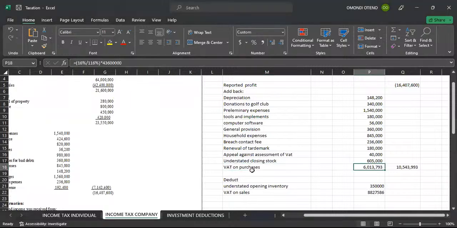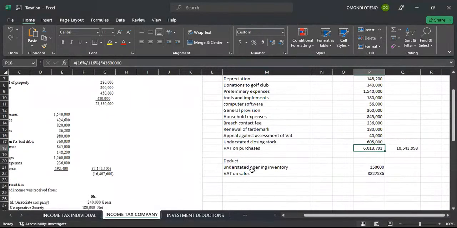The one for sales was increasing our profits, and that's why we are deducting it. It should not increase our profits. Is that clear to everyone?